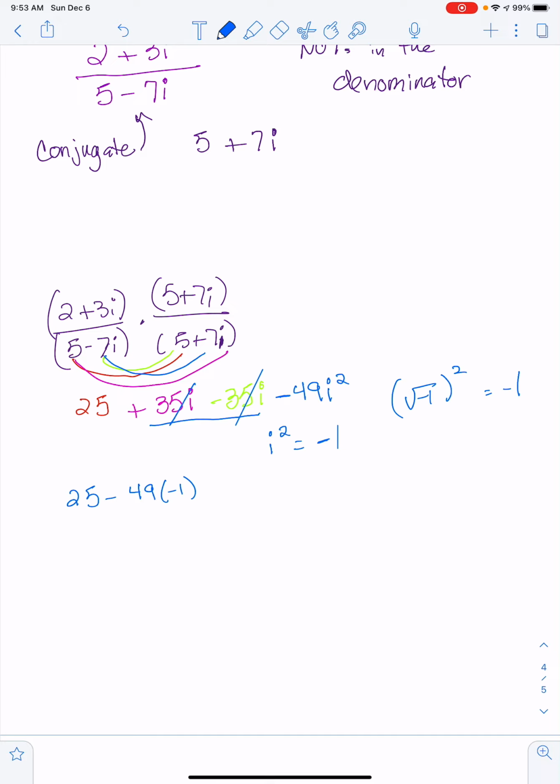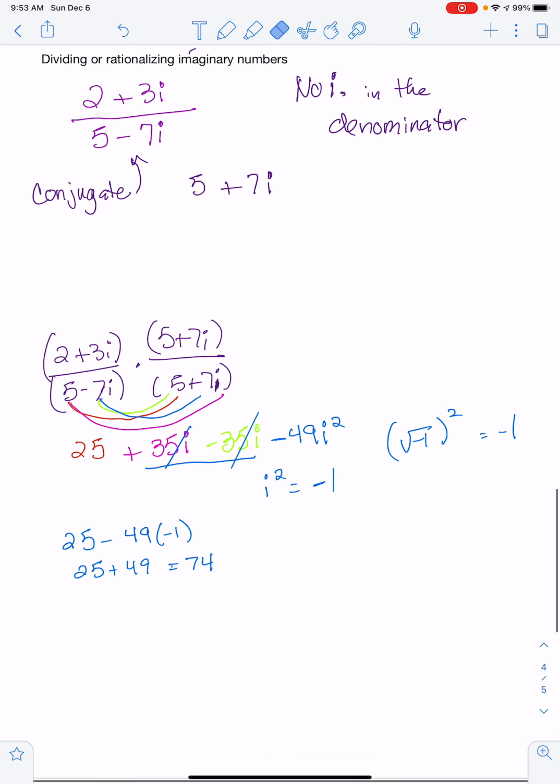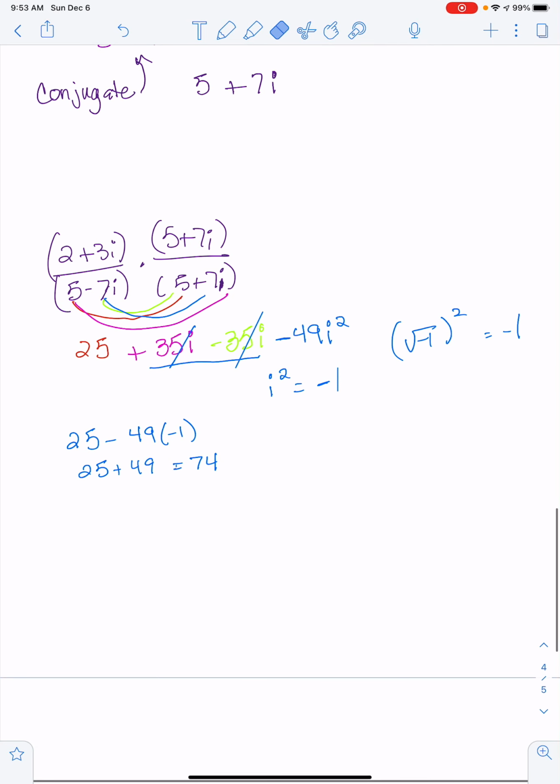And so that becomes 25 plus 49, and that's 74, I believe. So that's going to be your denominator. All that messy denominator becomes the number 74.